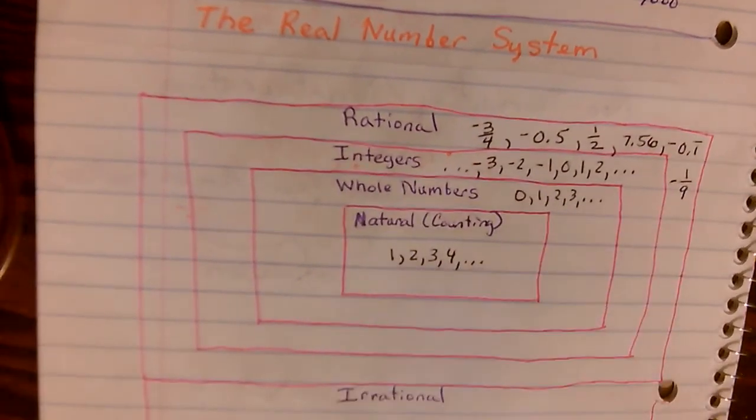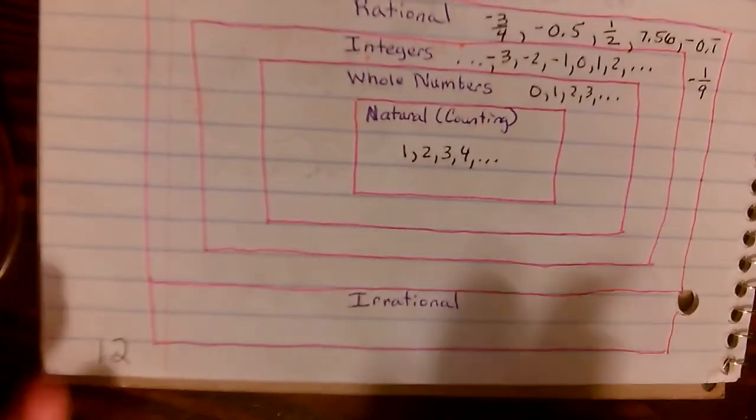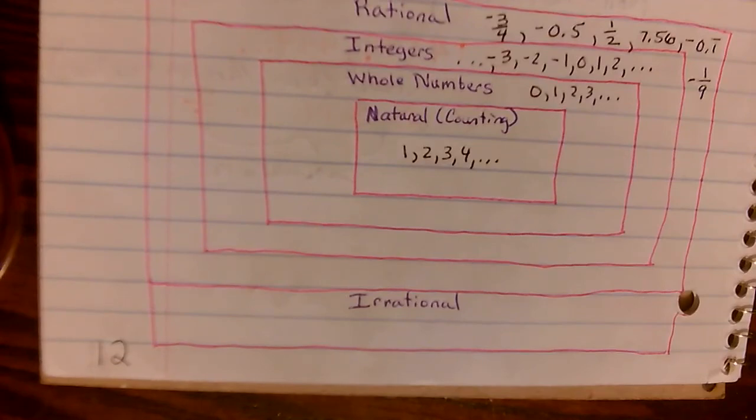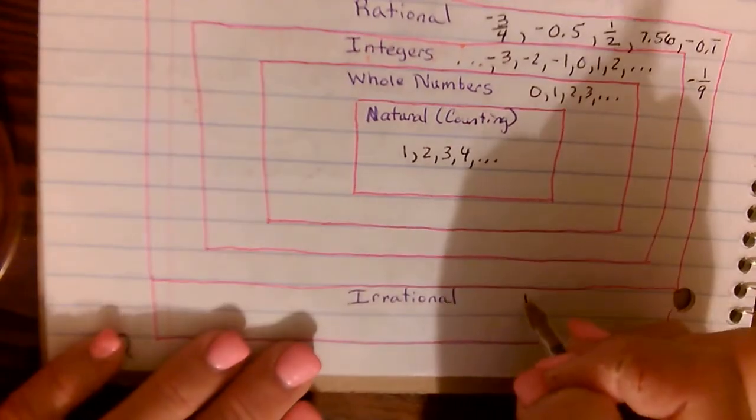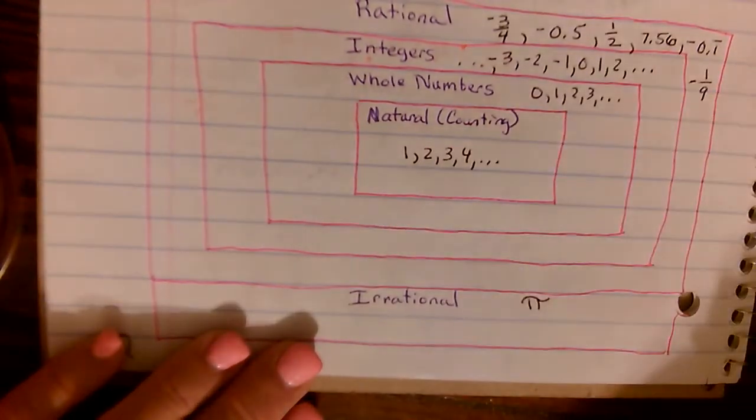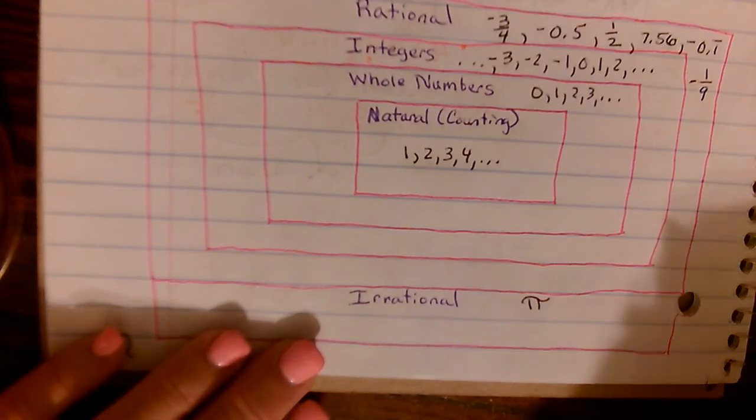Okay? Now let's go to irrational. An irrational number cannot be written as a fraction. Irrational numbers are like pi from our notes, or like the non-terminating, non-repeating decimal.